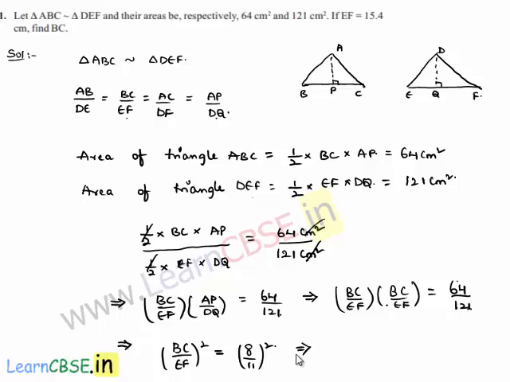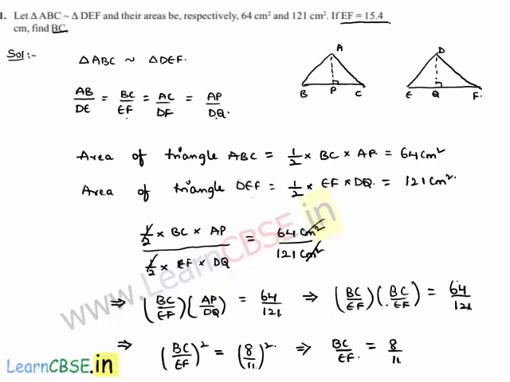Now by taking square root on both sides, we get BC by EF is equal to 8 by 11. Here the value of EF is given as 15.4 and we are asked to find the value of BC.